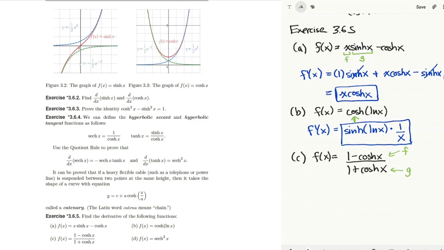And so the quotient rule, we have f prime, which is a negative sinh times g, 1 plus cosh, minus 1 minus cosh times the derivative of g, which is sinh. And this is all over 1 plus cosh of x squared.